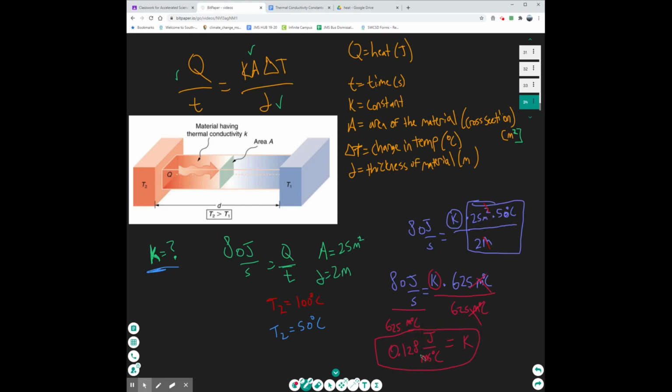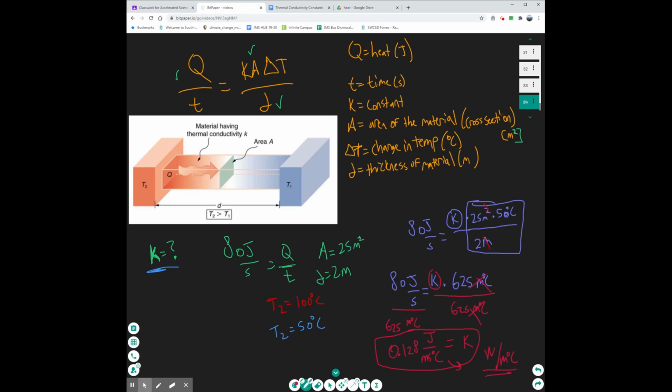Joules per second is the same as watts, so you could say watts per meter degree Celsius would be the acceptable unit for K. We're just going to roll with that for now.